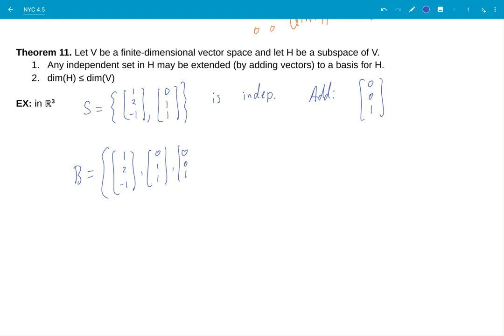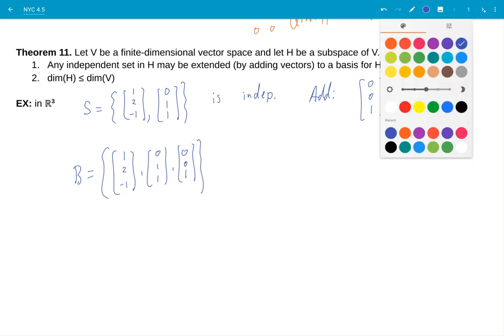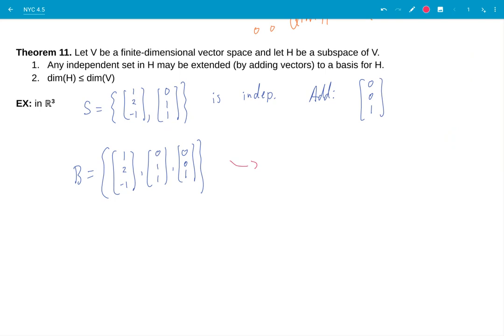Okay, my reasoning here is, well, consider the corresponding matrix. Let's call this A. The determinant of A is 1 times 1 times 1, which is 1, which is non-zero.